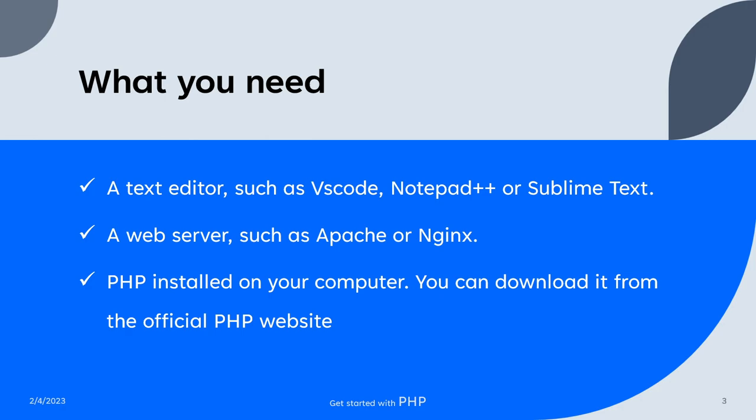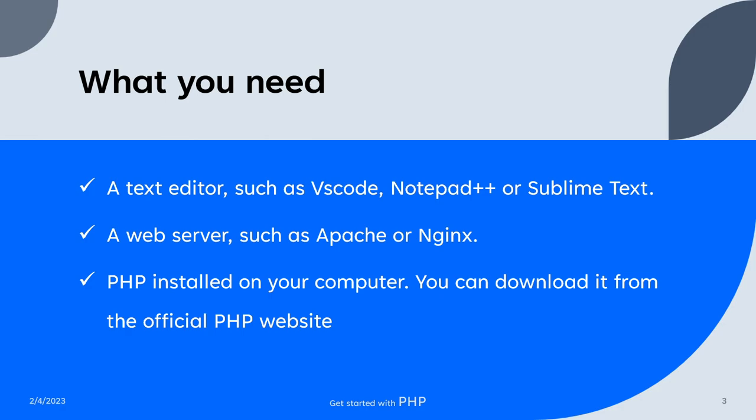So it means that we need to have some form of server in order to be able to execute our PHP code. So we are going to install an Apache server. Okay, yeah, so you can have nginx installed or Apache, but for this tutorial we are going to work with Apache. Okay, all right.